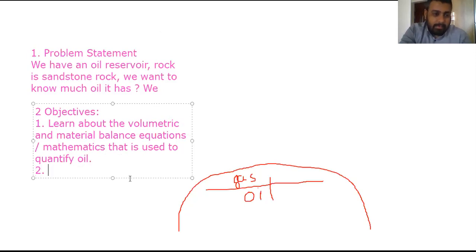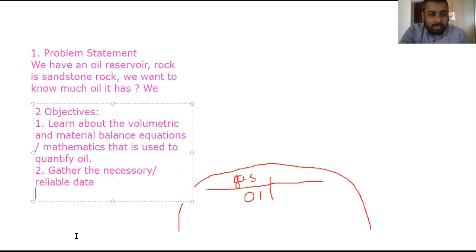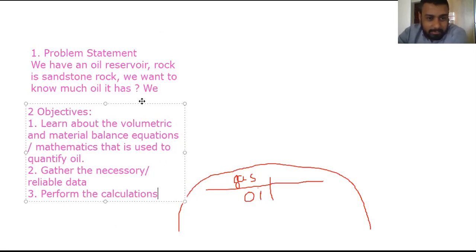The second objective will be to gather necessary reliable data. The third objective will be to perform the calculations.